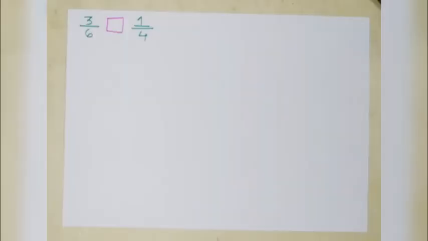So children, now we will see next example. Here our fractions are 3 upon 6 and 1 upon 4. We will compare both the fractions. We will find which is greater and which is smaller. For that, children, first tell me which number is the common multiple.